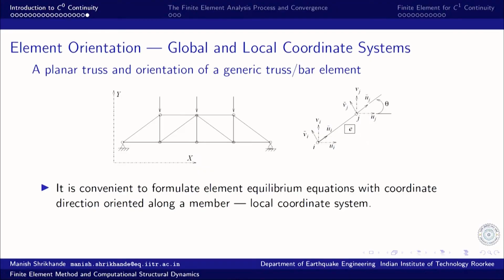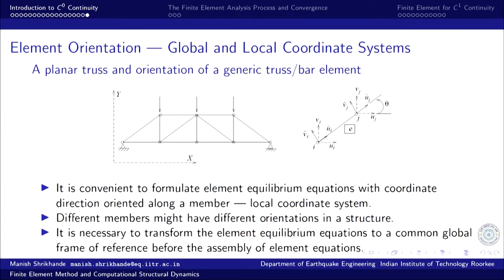So, as I said, it is convenient to formulate element equilibrium equations with coordinate directions oriented along a member local coordinate system, but we cannot use this because different elements will have different local coordinate systems. So, we cannot use different local coordinate systems and mix them together. Different members might have different orientations in a structure, and therefore it is necessary to transform the element equilibrium equations to a common global frame of reference before the assembly of element equations.